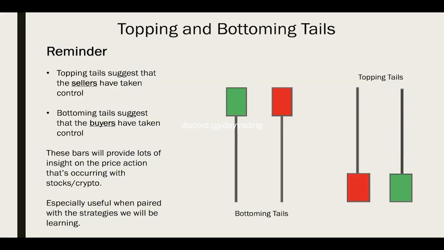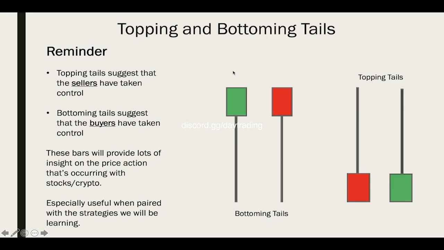As a reminder, topping and bottoming tails are really important, so make sure you know this. A topping tail, a tail at the top, suggests that the sellers have taken control, for both the green and the red bar. For bottoming tails, it's the opposite. It suggests that the buyers have taken control. It's really important that as soon as you see these sorts of candlesticks, you know exactly what they mean.